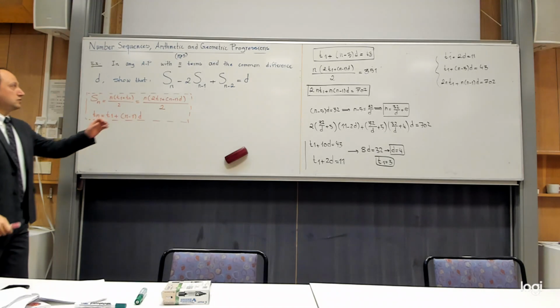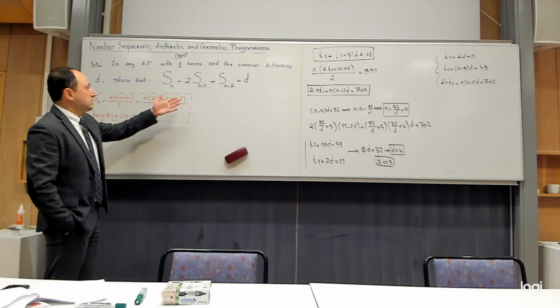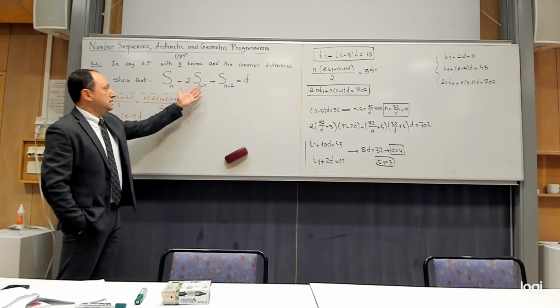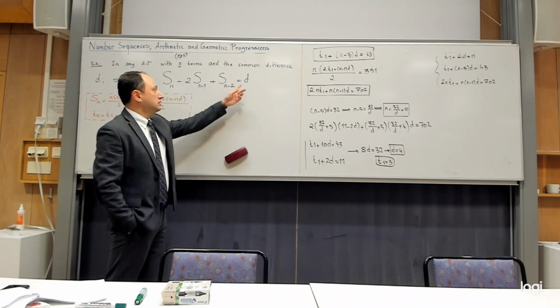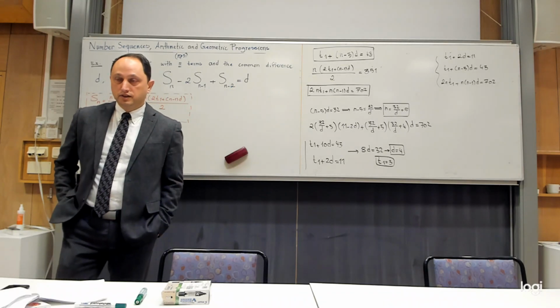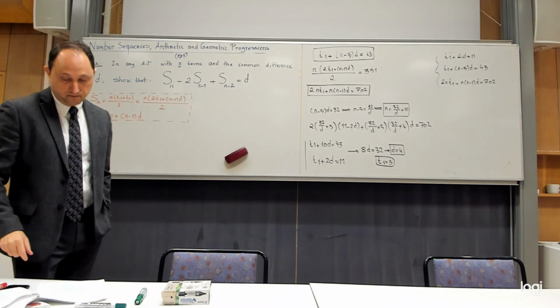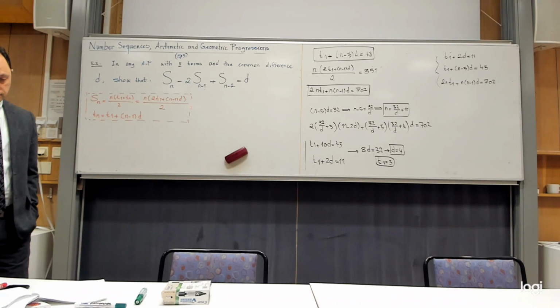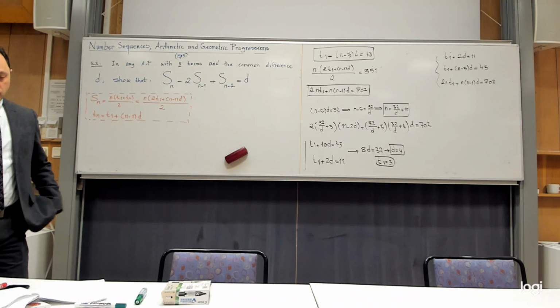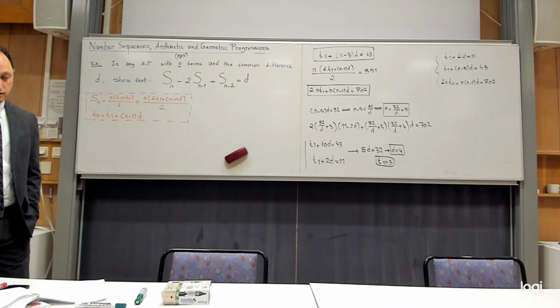So this tells you that if I add the first n terms, minus 2 times the first n minus 1 terms, and then plus the first n minus 2 terms, it becomes exactly the common difference of that arithmetic progression. When I look at the solution in this book, they have chosen a very long method to solve the problem.